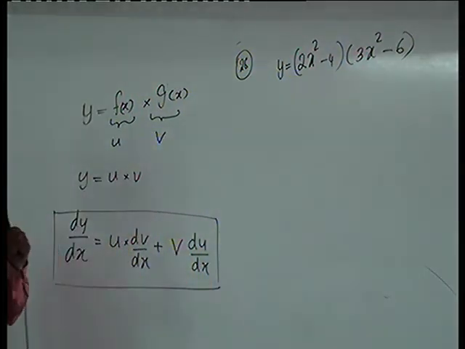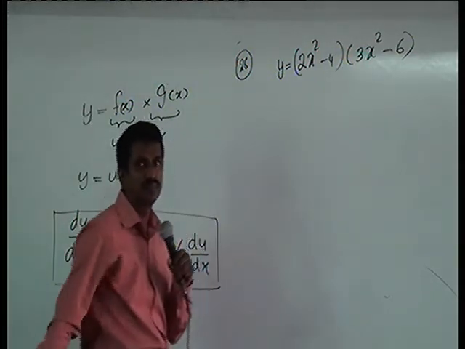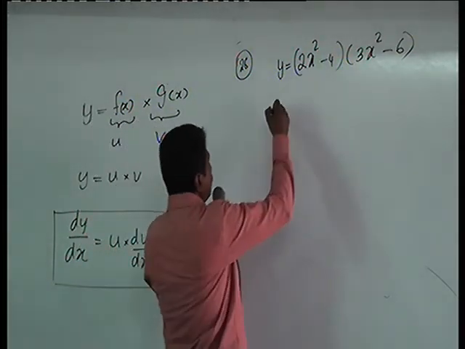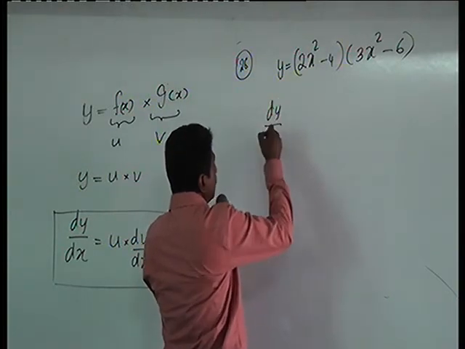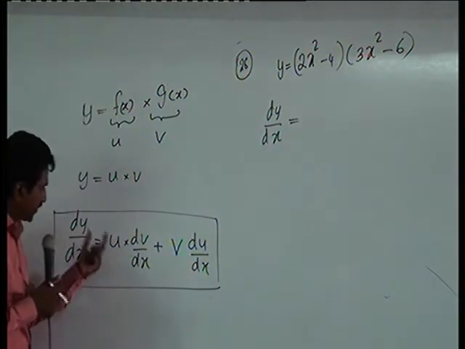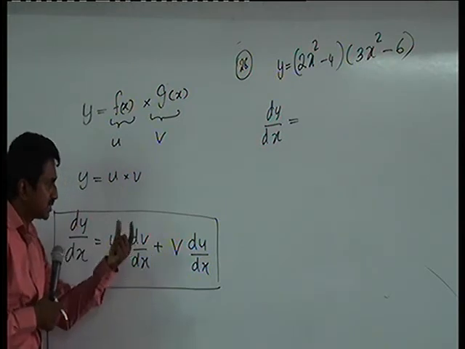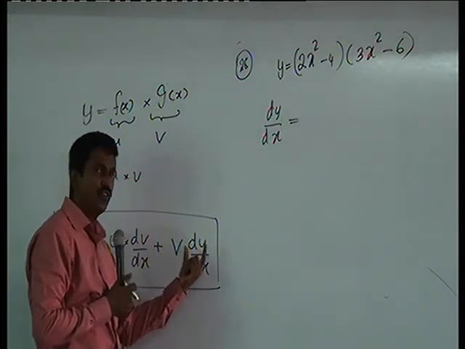The two brackets mean multiplication, so we are supposed to multiply the first one into the second one. So what are we going to do? dy by dx, record the rule. What is the rule again? First function times differentiation of second function plus second function times differentiation of first function.